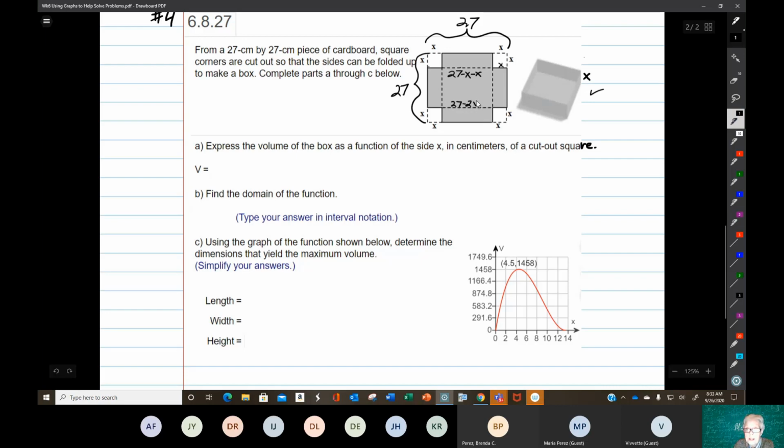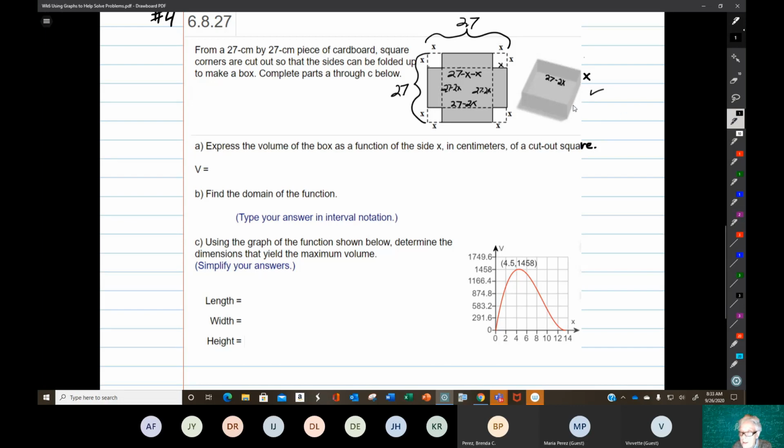And the same thing over here. Since this length is 27 centimeters, but this side was folded up, so it's x centimeters shorter, and then this side was folded up, so it's x centimeters shorter. This is going to be 27 minus 2x, and this is going to be 27 minus 2x. So that's what the length and width of the box are, 27 minus 2x.